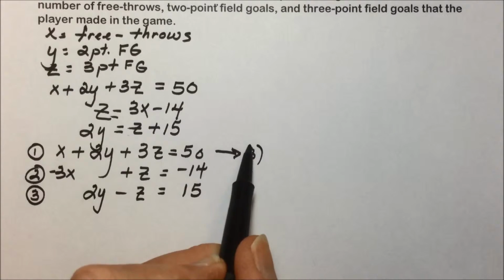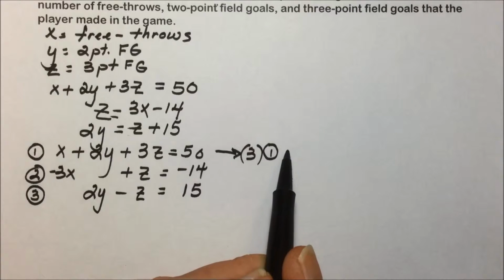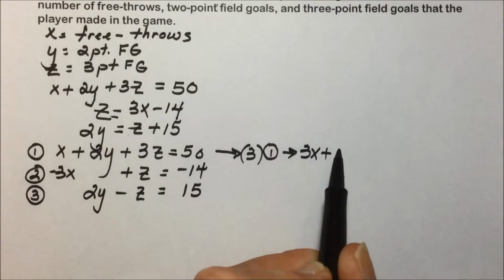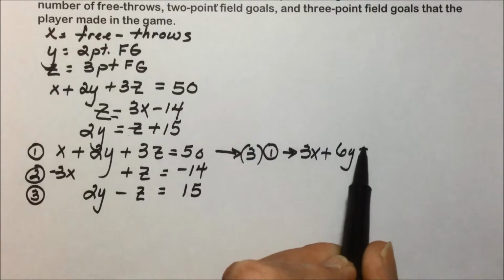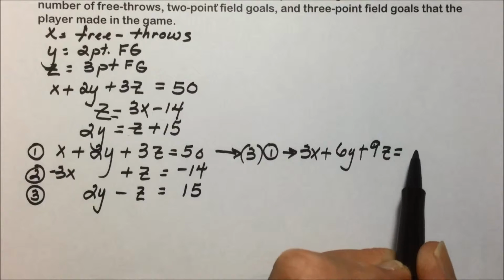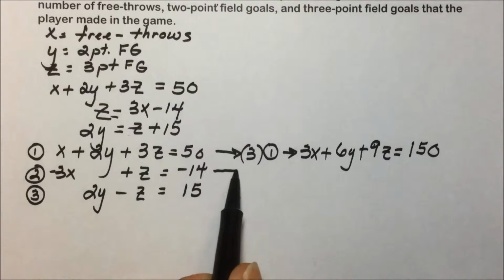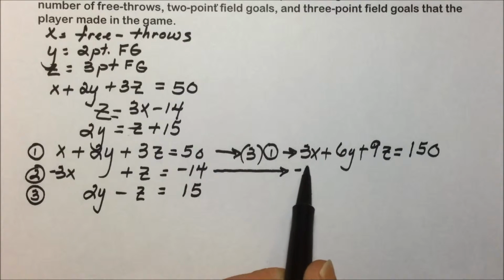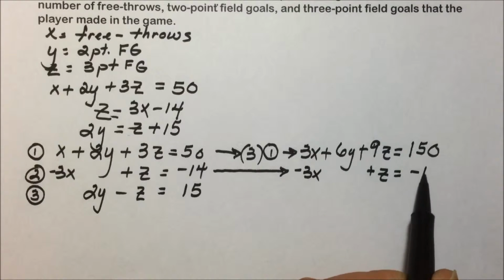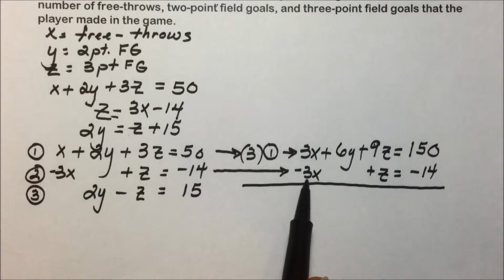Multiplying it by 3 results in maintaining equality, and we end up with a 3x. 3 times 2y is 6y. 3 times 3z is 9z. And 3 times 50 is 150. Then we're going to add that to the second equation. The x's are gone.